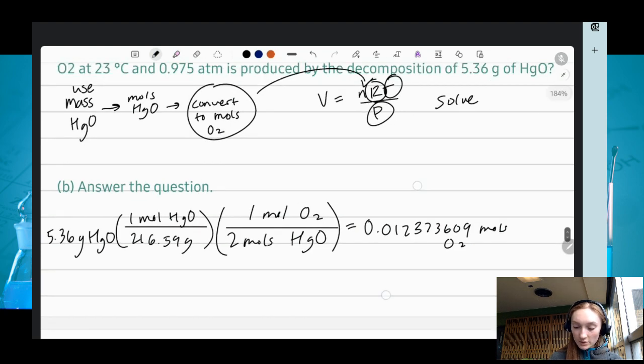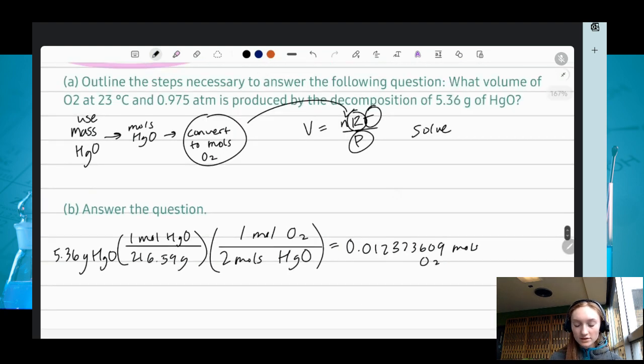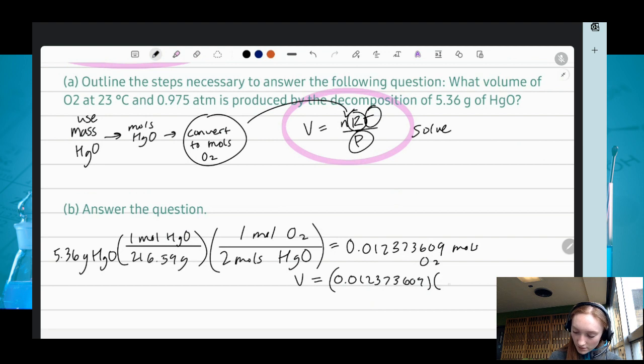So now that we have the number of moles, all we have to do is just plug it into this equation up here, and we will solve. So V equals the mole amount, the R value, the temperature, and then divided by the pressure.